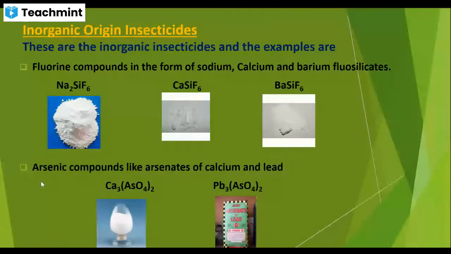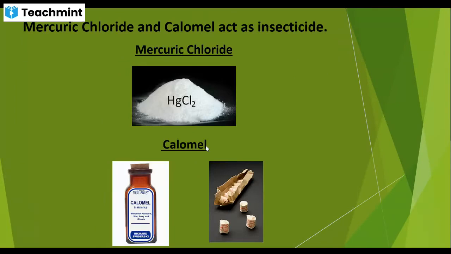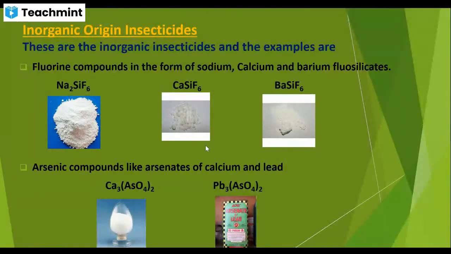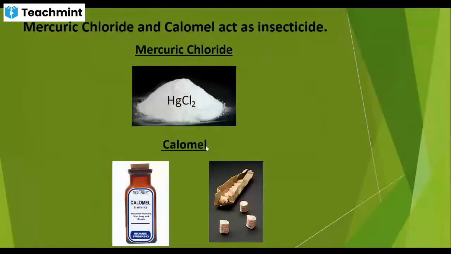In that you can also see arsenic compounds: arsenate of calcium and arsenate of lead. These are also used as insecticides. Next, from the same category, inorganic origin insecticide, is mercury chloride and calomel.